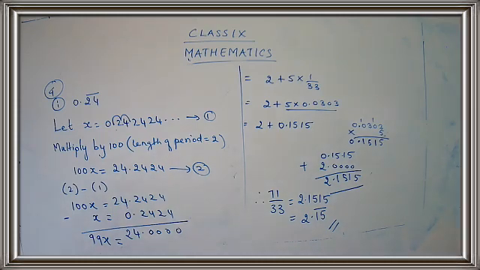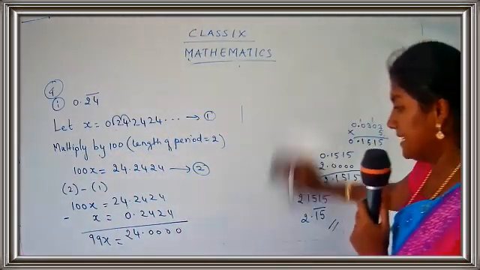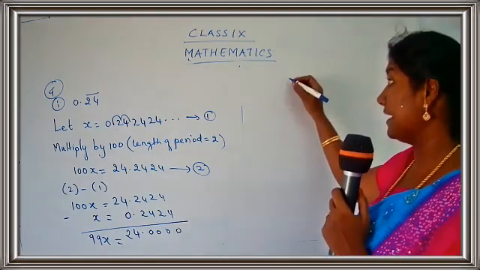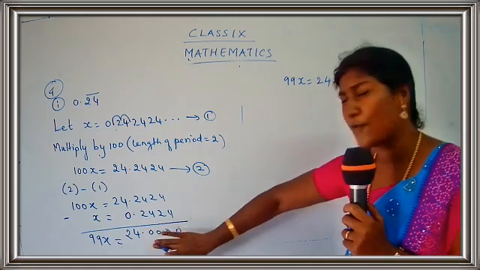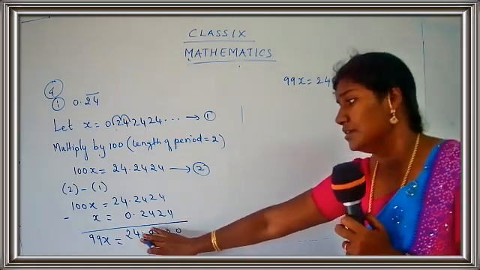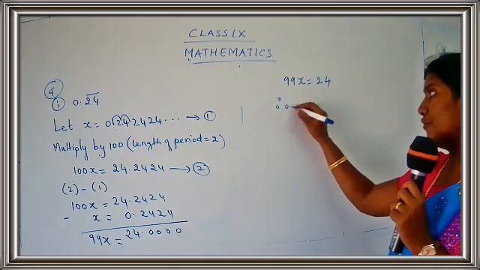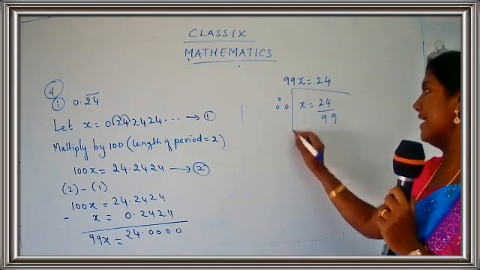So what will be the answer here? So what we have got here, just see. We have 99x is equal to 24.000. So this can be written as 99x is equal to 24. Do not write this 0.000. That is no need. So you get 99x is equal to 24. Therefore, x is equal to 24 upon 99.